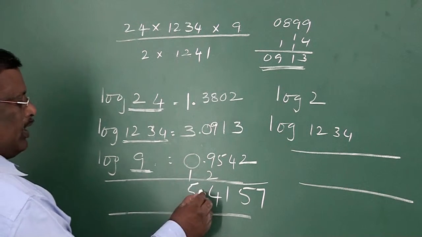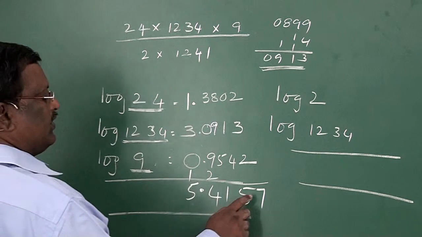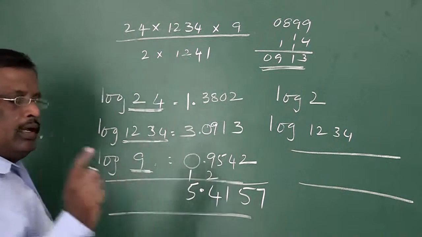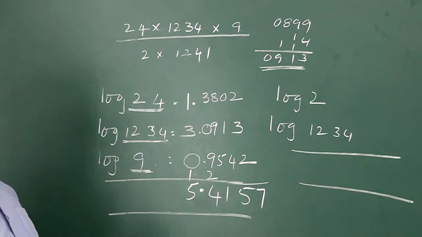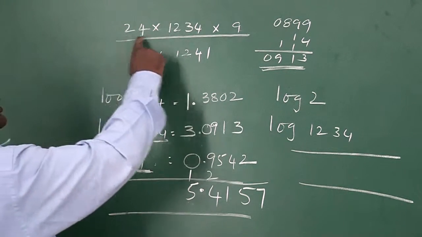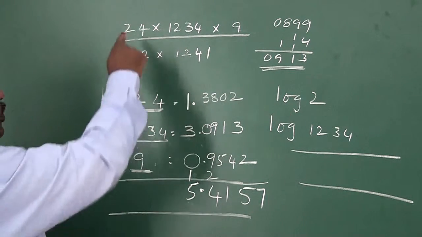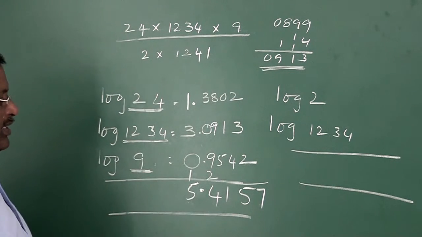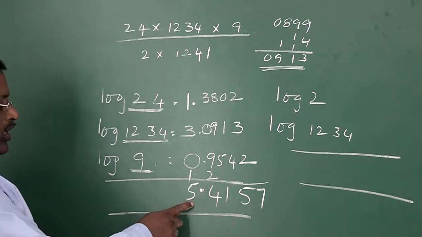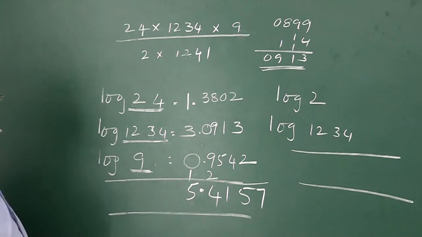So this is 5.4157. So 5 is the characteristic, which indicates that the product of these three is a 6-digit number. That's why you got 5 as its characteristic.